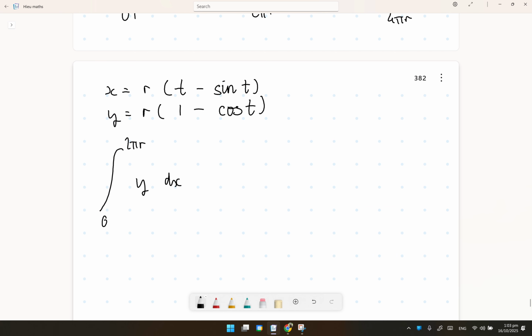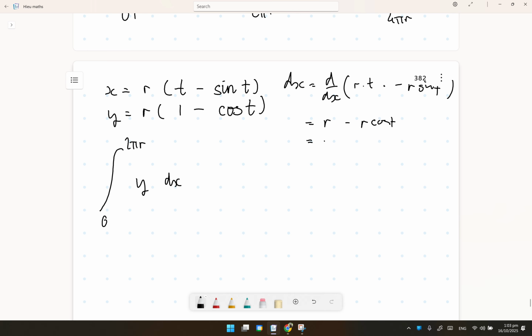Okay, so first of all, we need to find dx. So dx is equal to differentiation of this. Let's multiply everything inside just to make it clearer. So r multiplied by t, multiplied by minus r sine t. So this would simply be t into 1, so that's just r. R is a constant. Minus sine into cos, so it's r cos t.